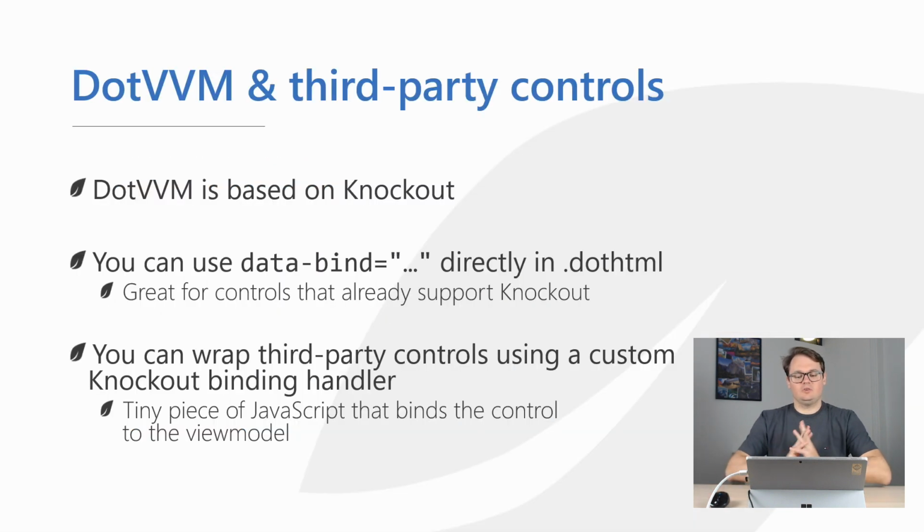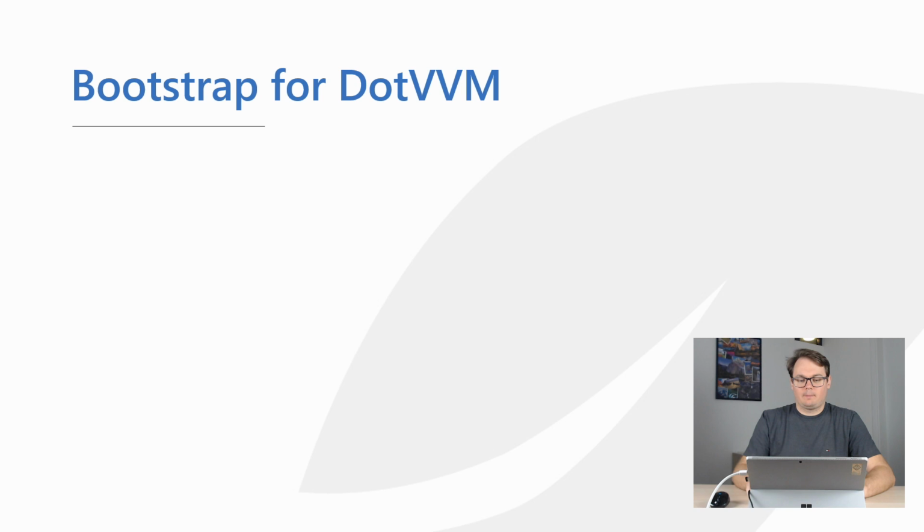Yeah, so this is the .vvm contrib repo, and if you have any third-party controls, you can wrap them as Knockout.js binding handlers, and then you will be able to use them in .vvm.